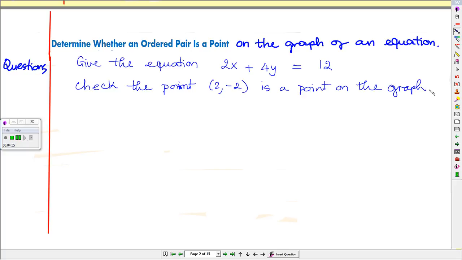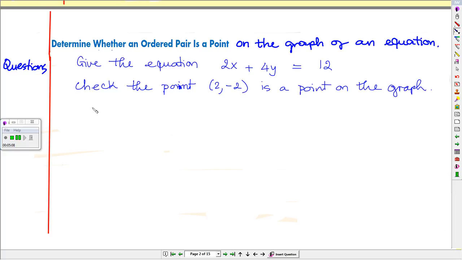So here, in order to check, we are going to go back to our equation, and we are going to substitute our x for 2 and our y for negative 2.